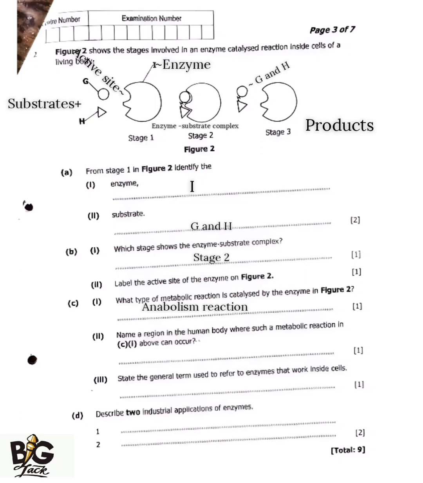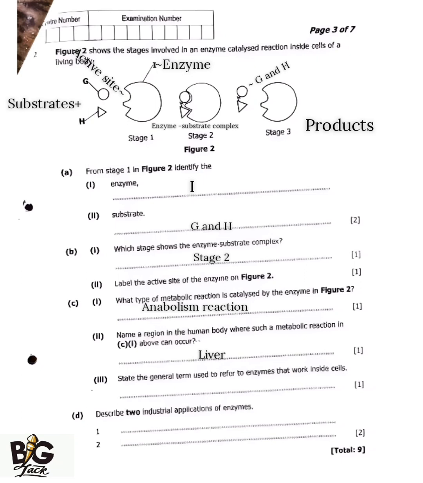Then Roman numeral 2 under question C says, name a region in the human body where such a metabolic reaction in C, Roman numeral 1 above can occur. I'm going to say it can occur in the liver.